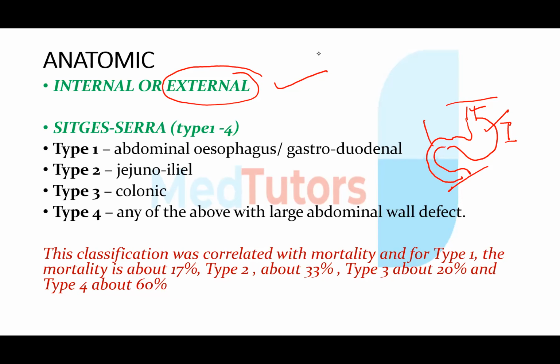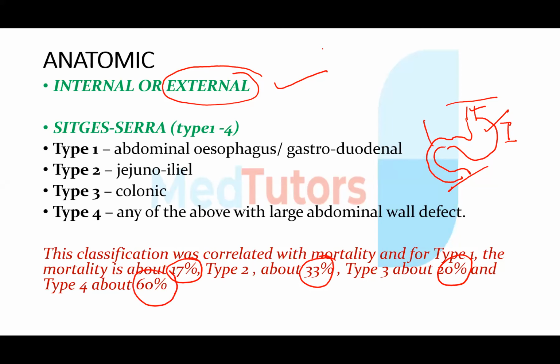Now, this classification correlates with mortality. For type 1, the mortality is 17%. For type 2, the mortality is 33%. Type 3, the mortality is 20%. And type 4, you can see the mortality is up to 60%.